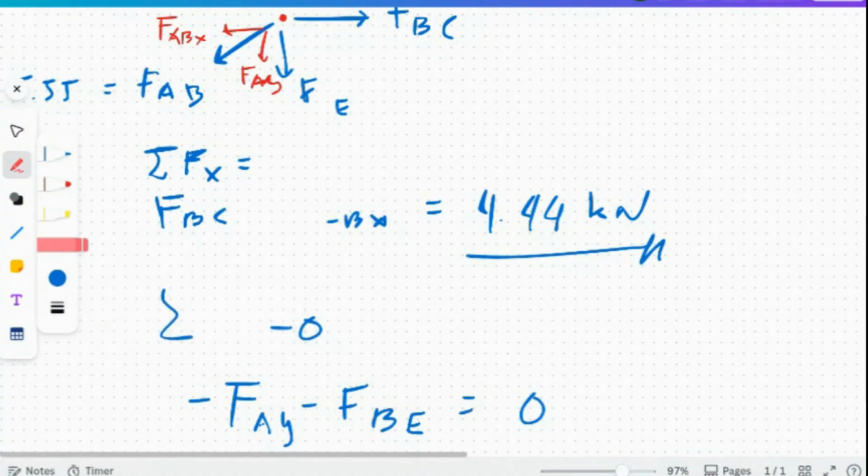So here the arrow has to be going up to have that 3.33. Okay, and then this one is 4.44. All right, that's correct. Okay, so that's it.